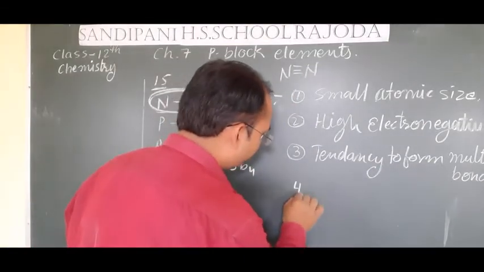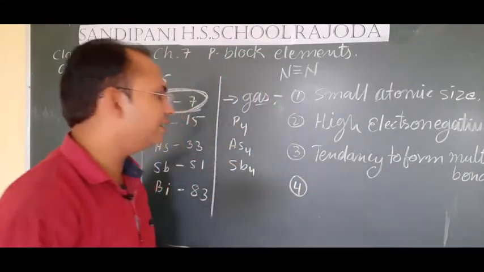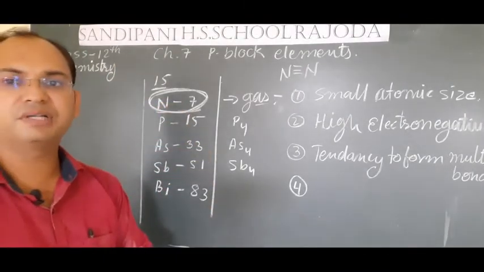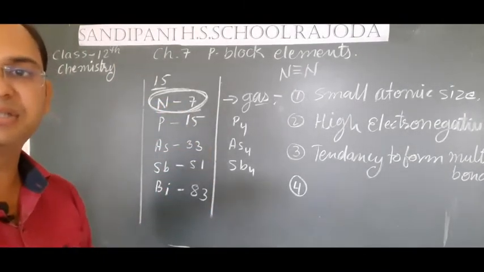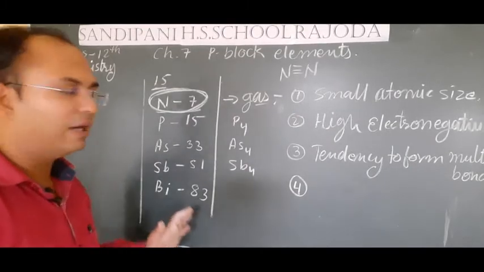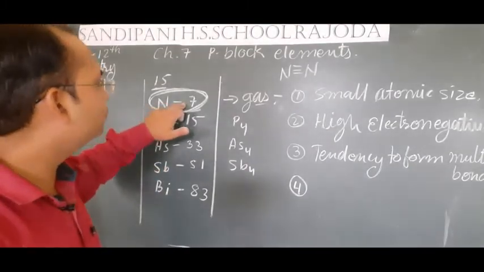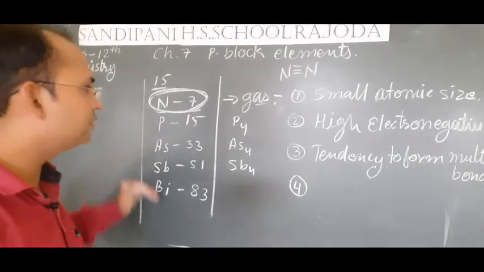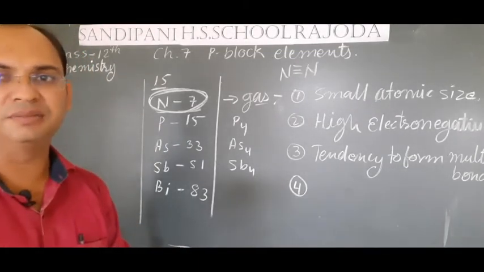Now students, the fourth difference: you can easily identify that if we consider the electronic configuration of the elements, then in nitrogen no vacant d orbital is present, but the rest of the members possess vacant d orbitals.